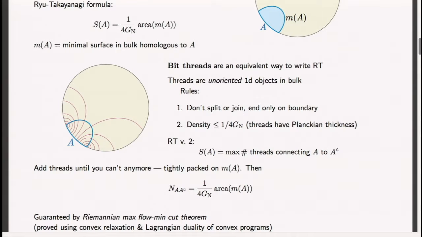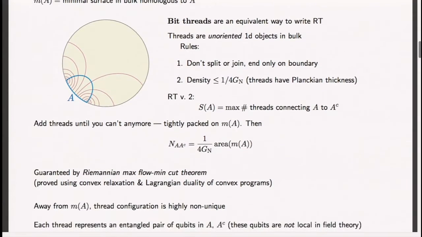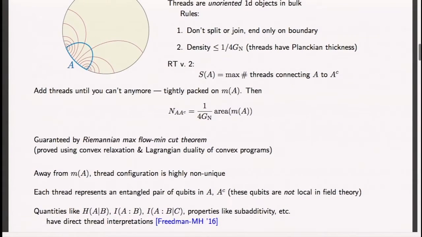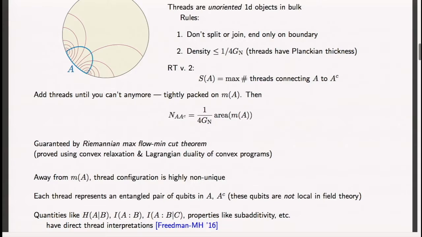Okay, so this is completely equivalent to that. We have a version of Ryu-Takayanagi, which is just in a different language, so we can basically forget about minimal surfaces. Okay.